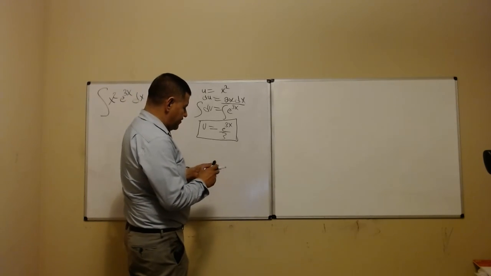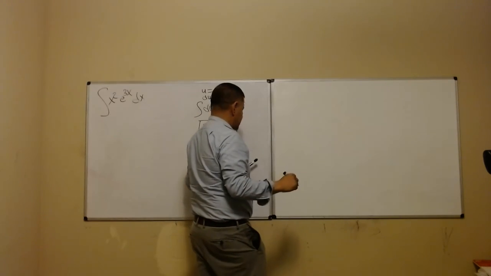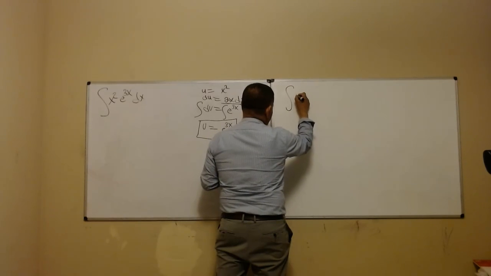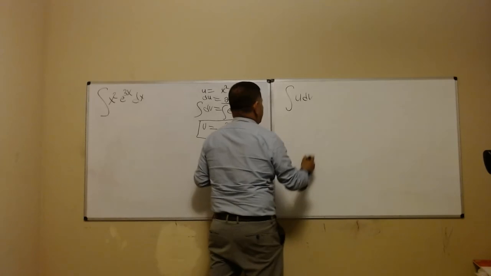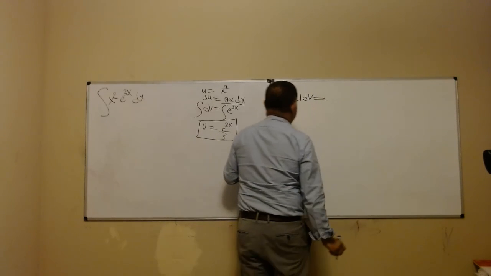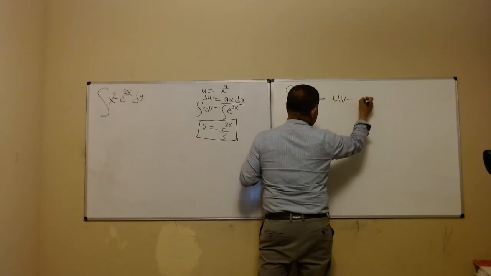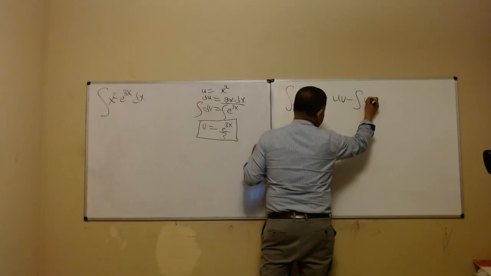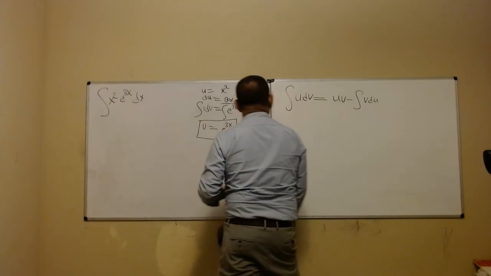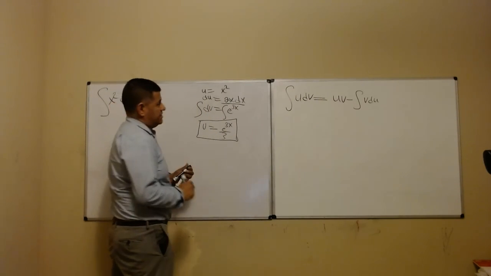The definition of integration by parts is the following: the integral of u dv equals uv minus the integral of v du. That is the definition of integration by parts.